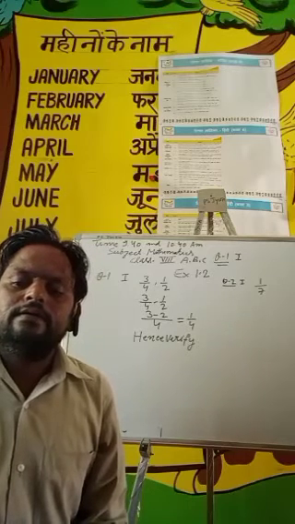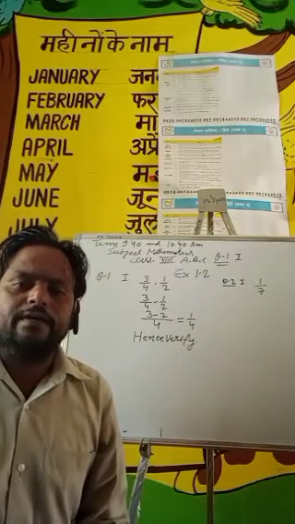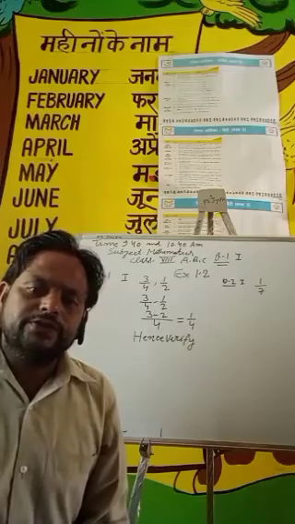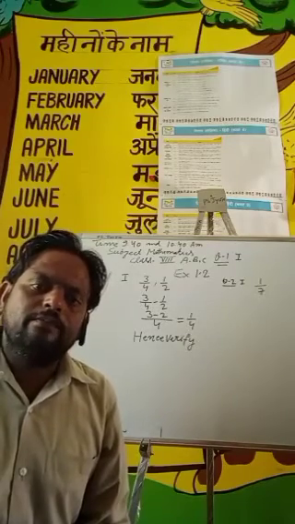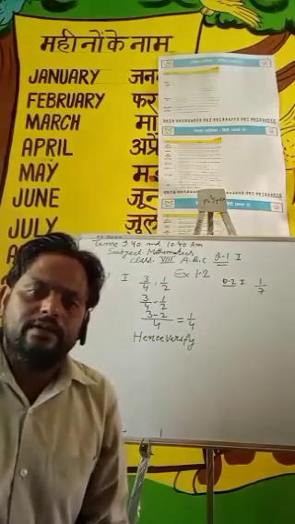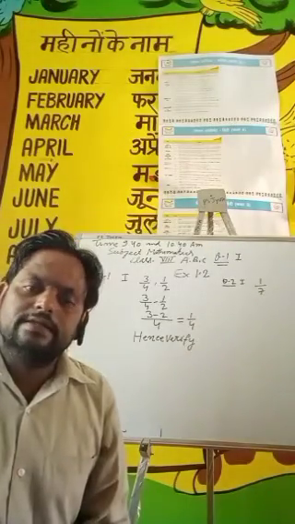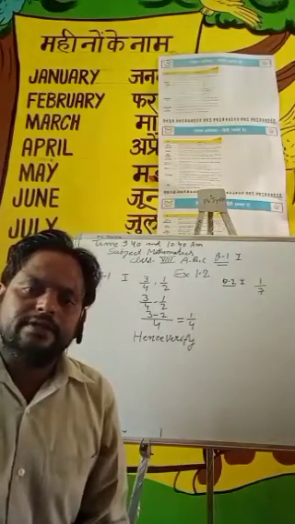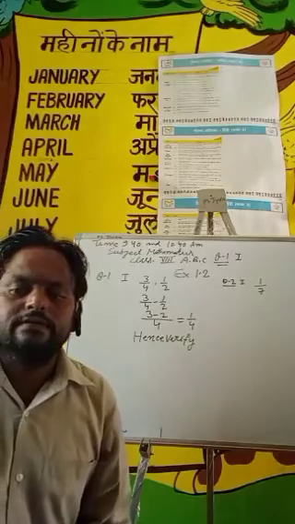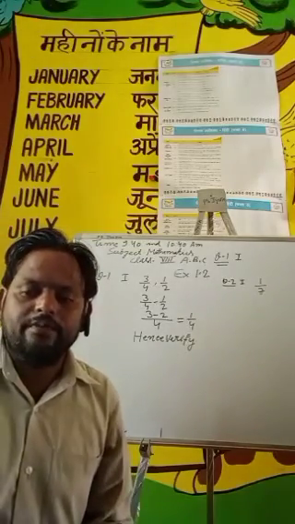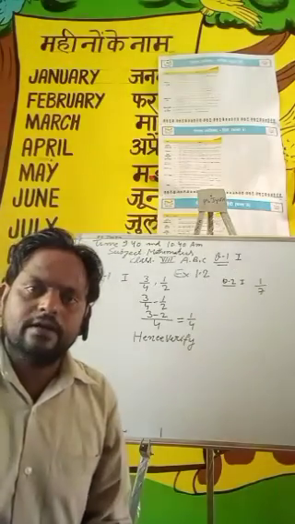And fourth property, identity property. It means 0 is subtracted from any rational number, the result is the same rational number itself. This is the identity property of subtraction for rational numbers.